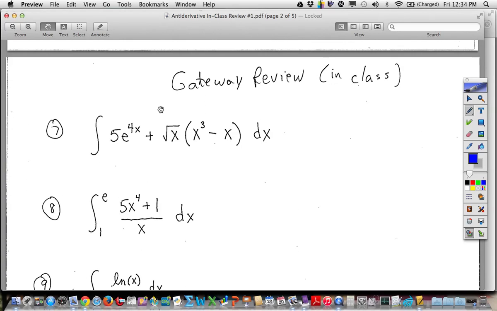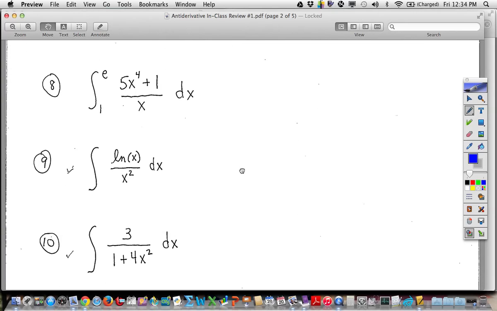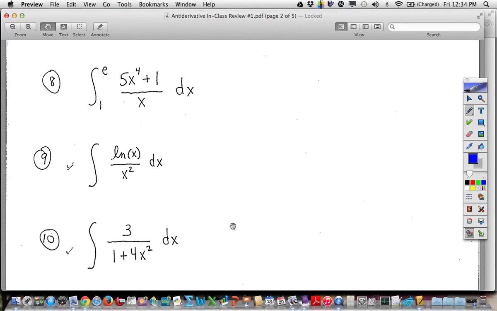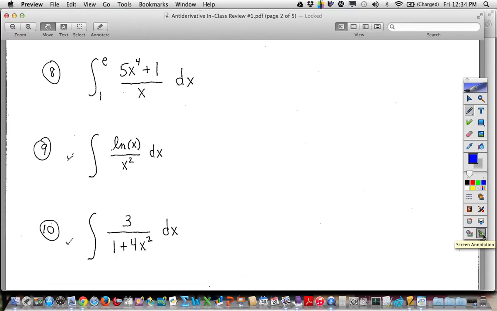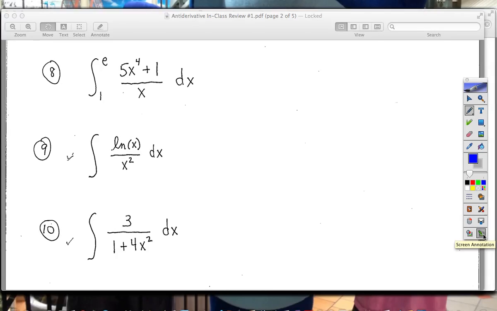Anybody? Anybody have anything? I was going to comment here on 8 and 9. Well, actually 8, 9, and 10. I was just kind of curious. Wanted to make sure we covered everything going on there. So on 8, what was the key to 8?